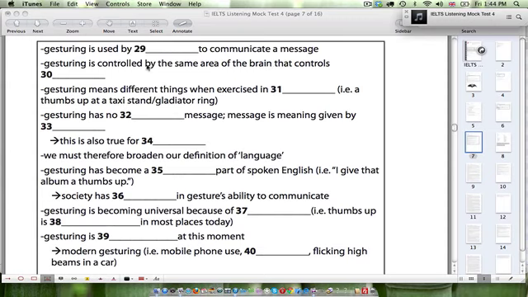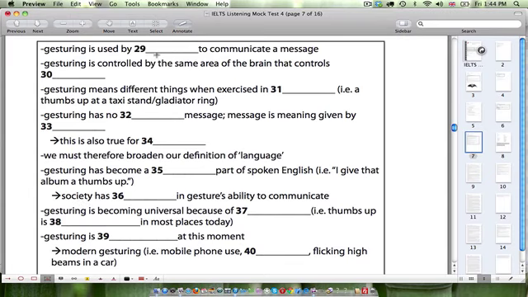So gesturing is used by, and she clearly states, humans or people and animals. Gesturing is controlled by the same area of the brain that controls, the answer there is speech, and she says this answer almost word for word.